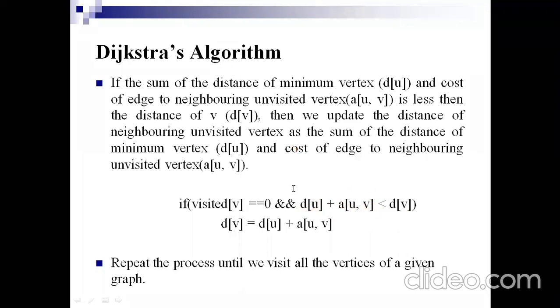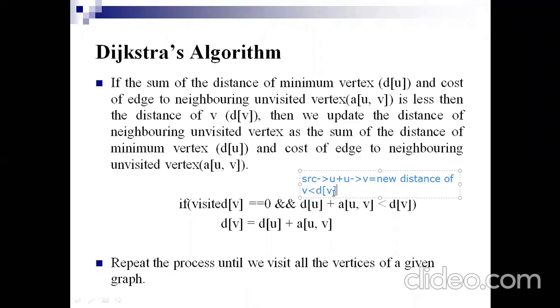Try to understand. So here D of U gives me what? The distance from source to U, plus A of U V gives the weight of the edge reaching from U to V. This is nothing but the new distance of V. Is this value less than the old distance which is already stored in D of V?